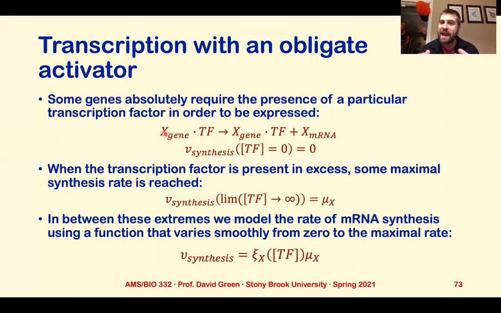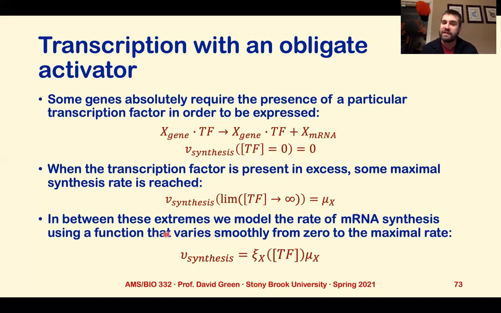And there will be a maximum rate. RNA polymerase can only move so fast. There's a finite number, often one copy of an individual gene. And there's a limit to how quickly you can push mRNA off of that. So when we have large amounts of transcription factor, mathematically, when the concentrations go to infinity or go to very large values, we reach some maximal synthesis rate that I'm also going to again use the symbol mu of x for.